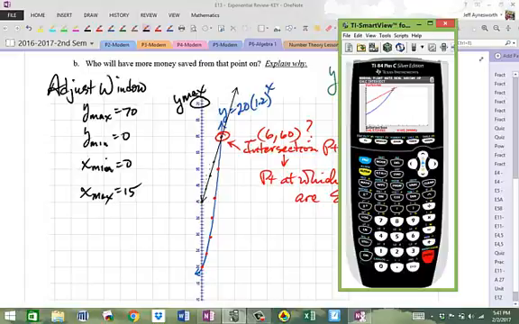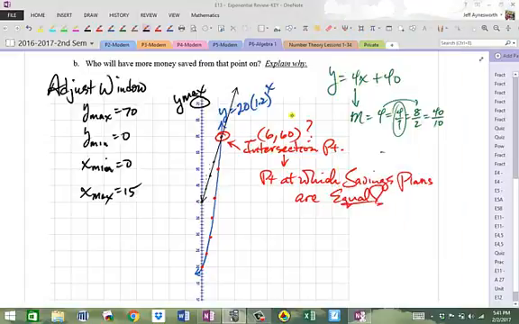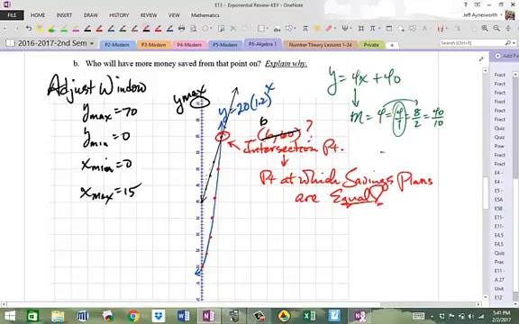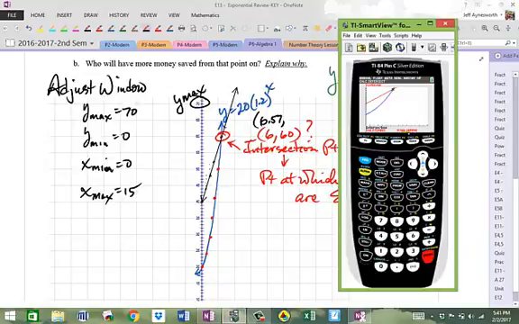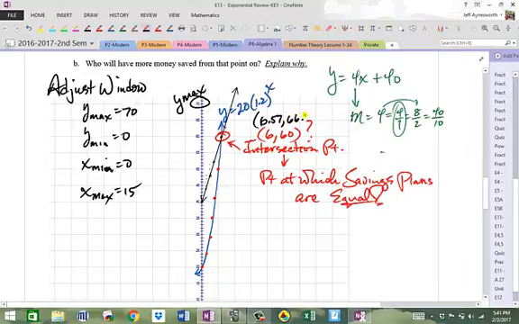And here we go at 6.57 comma 66.29. So this was close, but this was better. So my intersection point that I'm going to use is this right here.